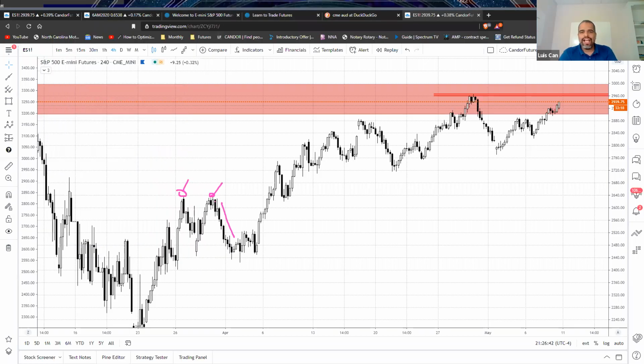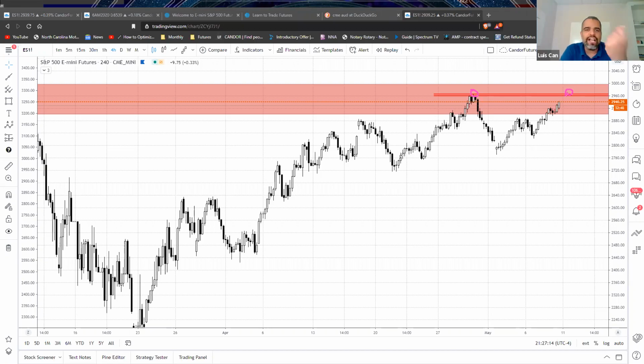And so double tops or double bottoms, they have a very high rate of success. So guess what's going to happen here? Top number one, and it's a double top. And so, Louis, how can you say that? Well, because if you look at the charts over and over and over, and you go back, they always do the same.